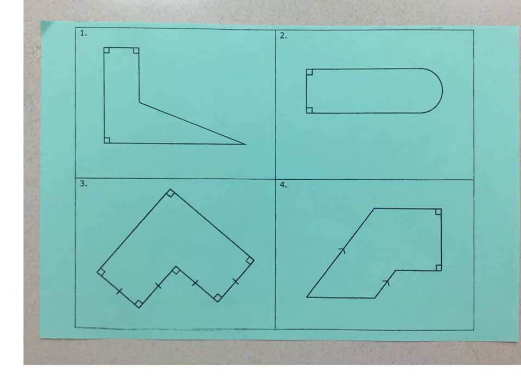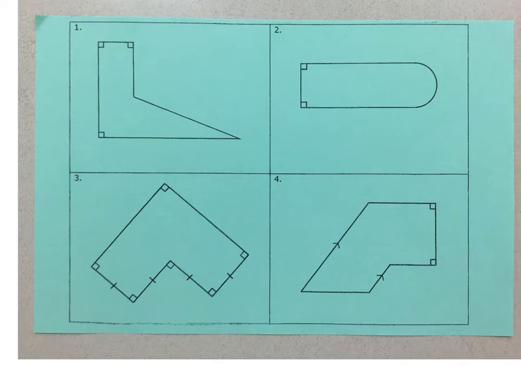Take a look at this green handout and look at the 4 different objects. Have you ever seen any figures like these before? How are we going to find the area of these strange figures?